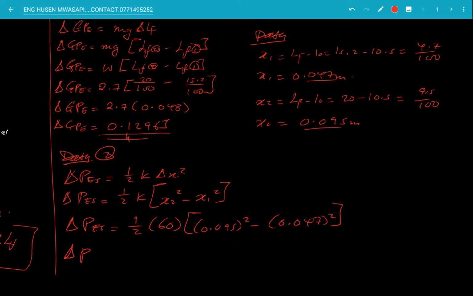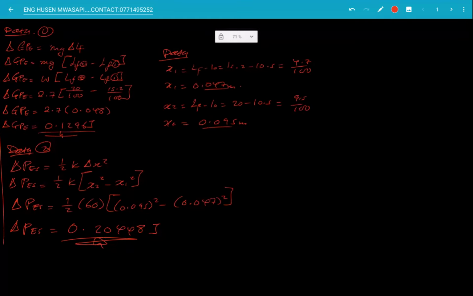If we compute this on our calculator, the change in elastic potential energy will simply be 0.20448 joules.